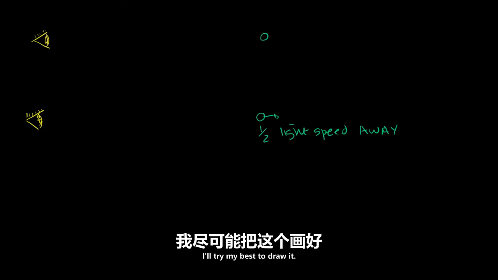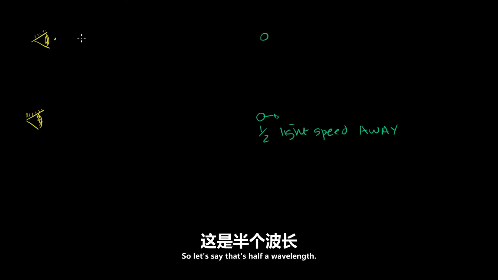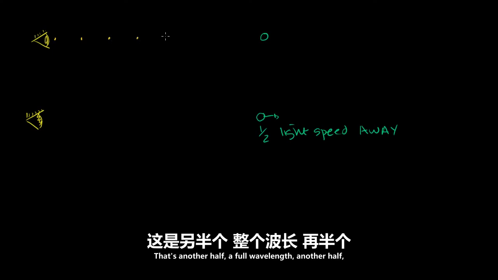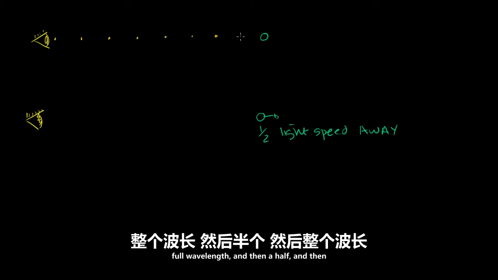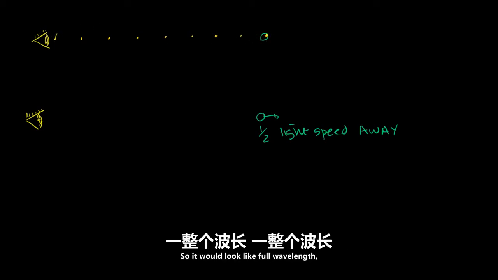I'll try my best to draw it. So let's say I want to draw a couple of wavelengths here. So let's say that's half a wavelength. That's a full wavelength. That's another half, a full wavelength, another half, a full wavelength, and then a half, and then a full wavelength. So let me see if I can draw that. So it would look like full wavelength, full wavelength, full wavelength.